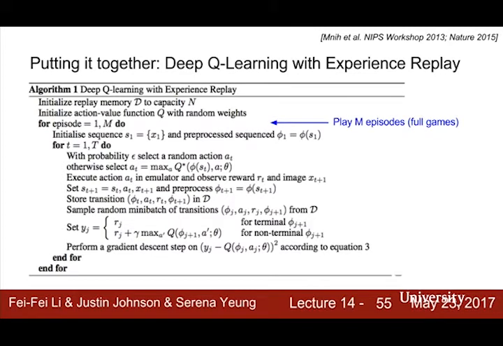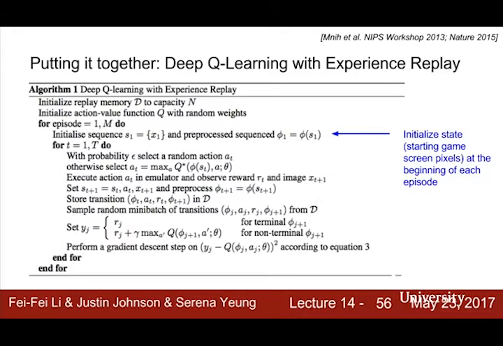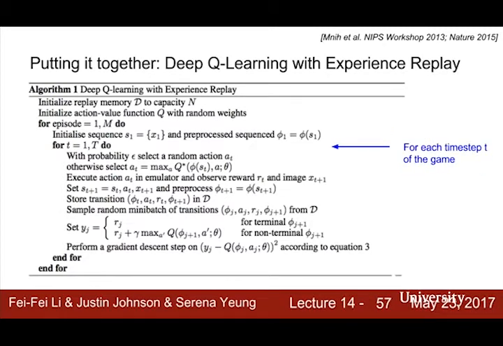Then we're going to play M episodes, or full games. This is going to be our training episodes. And then we're going to initialize our state using the starting game screen pixels at the beginning of each episode. And remember, we go through the pre-processing step to get to our actual input state.